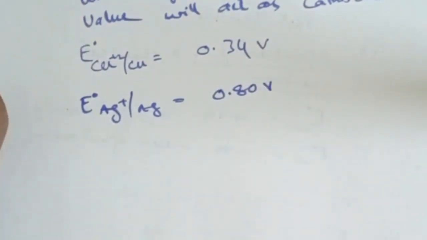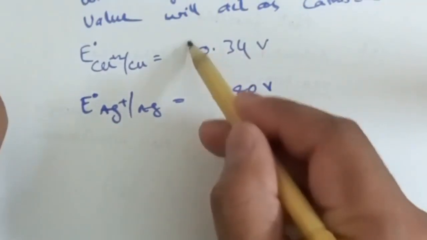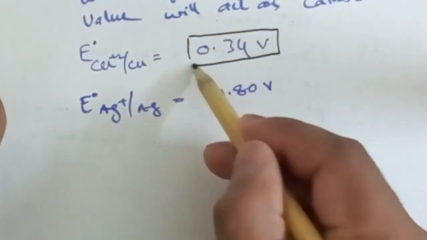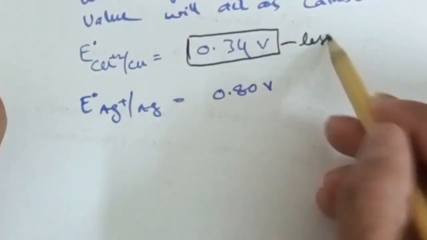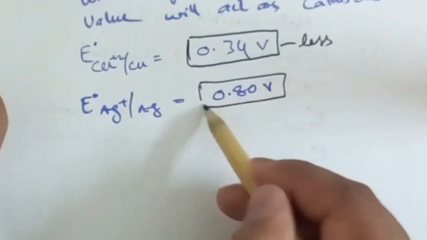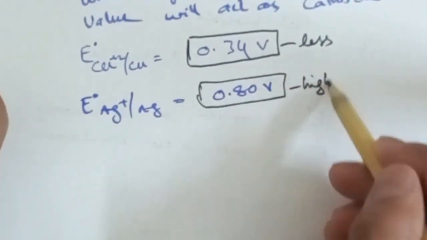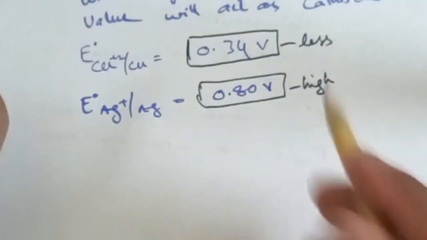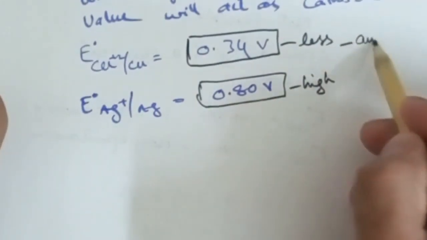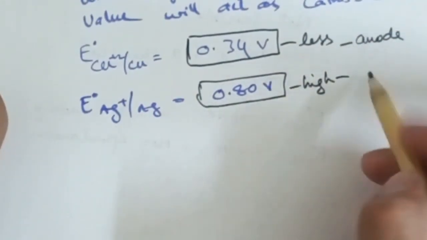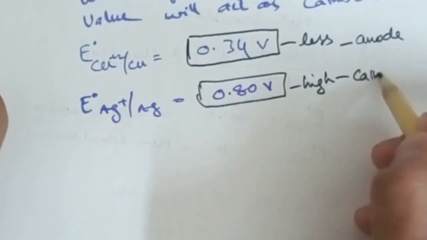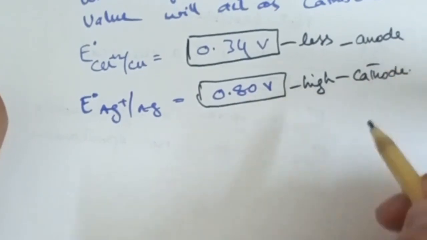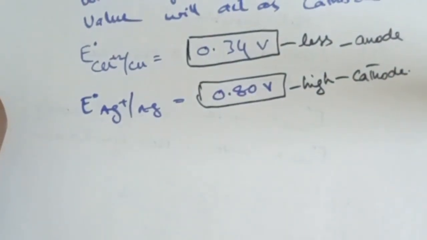Now in both the cases, the reduction potential value of copper is less, and this value is greater or higher. So copper will act as anode while silver will act as cathode.